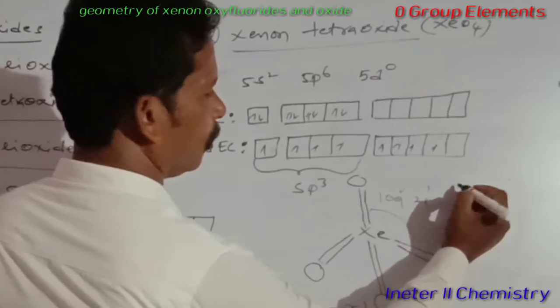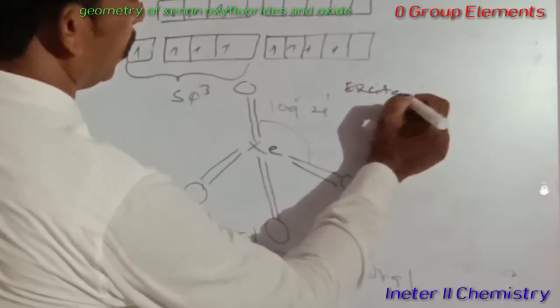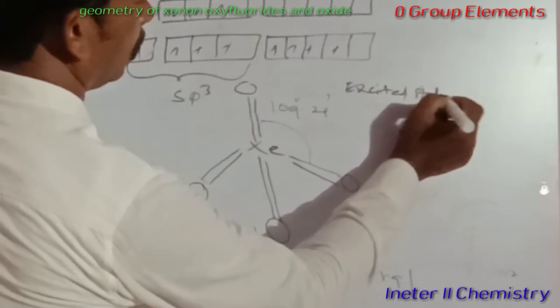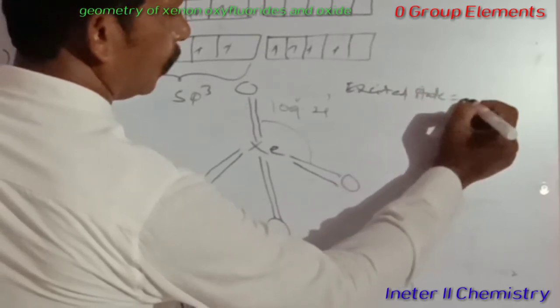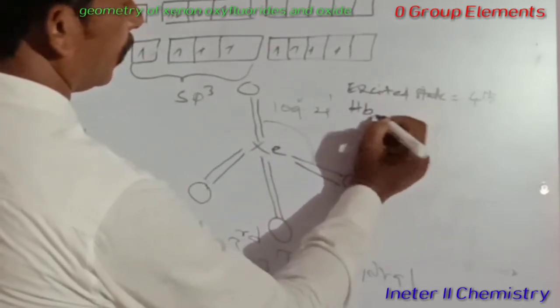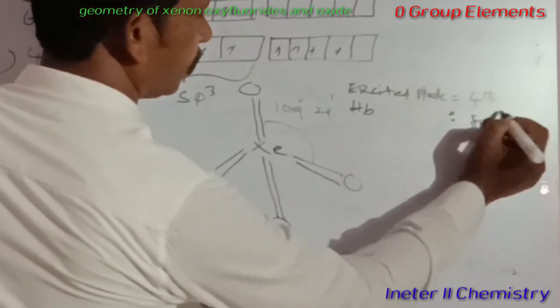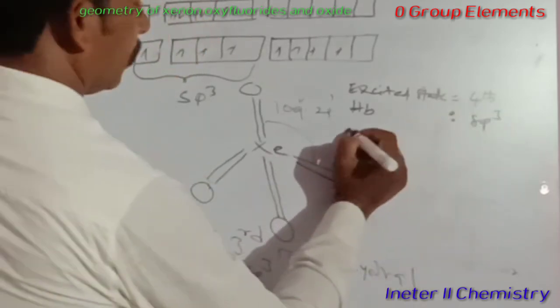Then we can write the conclusion here. Excited state is, which one? This is the 4th excited state. Hybridization is sp3 hybridization.